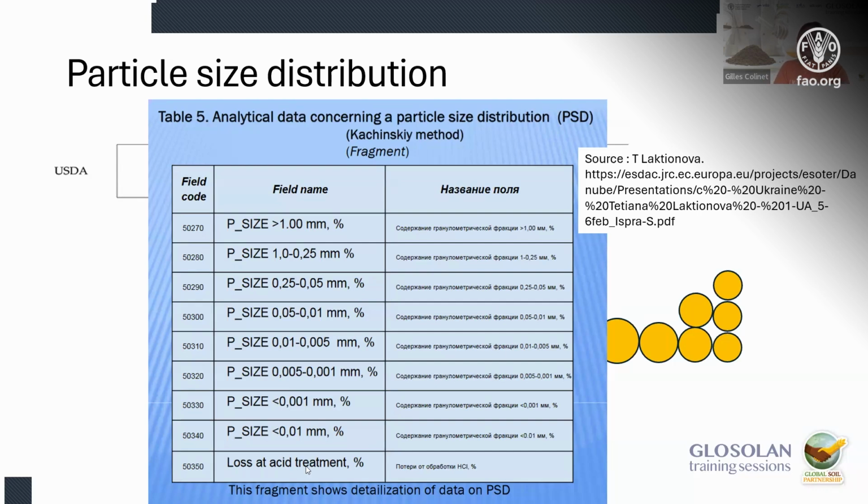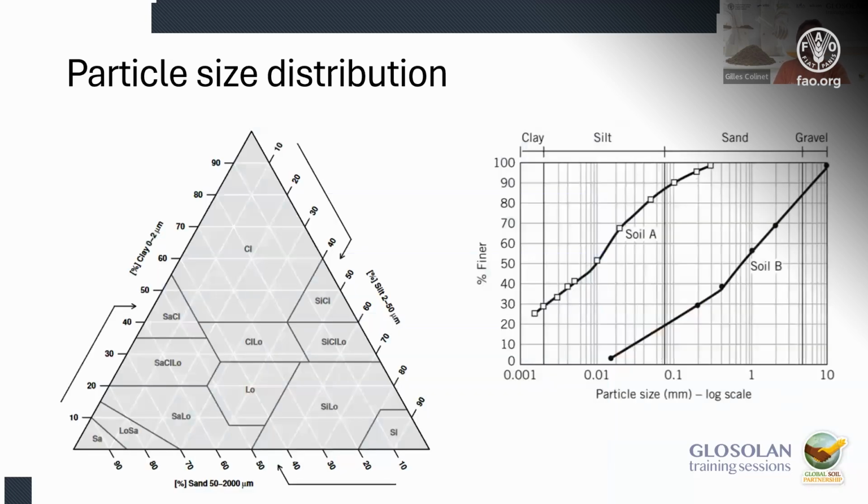And in the presentation, it's clear that the size classes that are used are not the same as the ones we use here, and we saw it too in the results that we received from Ukraine for the particle size distribution, and it might be difficult to compare the results.